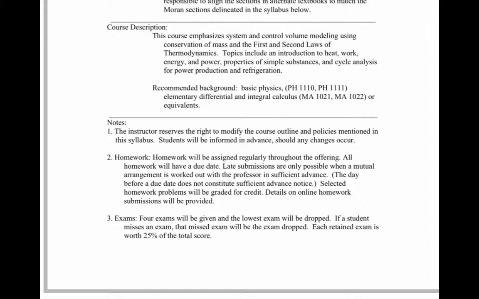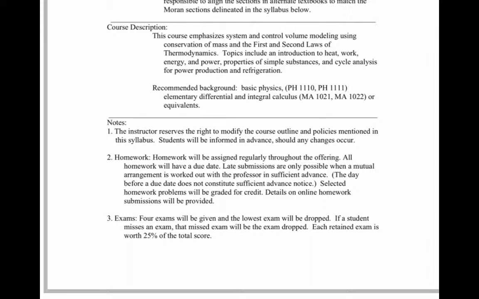The homeworks are going to be assigned pretty much on a weekly basis, and they will be due the following week. So you have approximately a week to do the homework problems. They should not take you an entire week to do. So if you have other obligations that are going to take up several days during that week, it still should not be a problem to complete the homeworks.